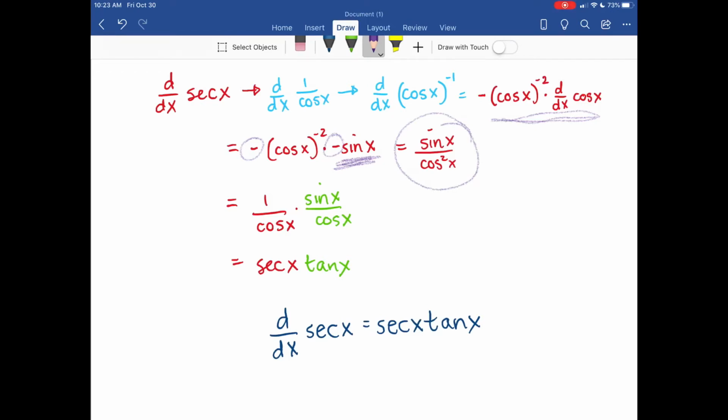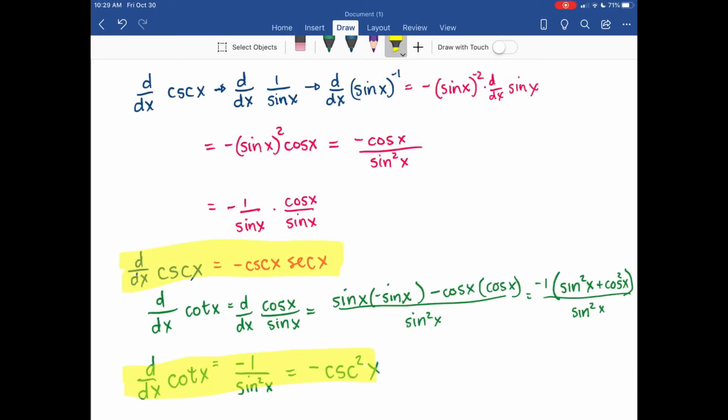Next, I separated it so that we had two cosine of x's instead of cos x squared. So that would be the equivalent of 1 over cos of x, times sine x over cos x. And then we replace those with their respective trig functions, secant x, tan x. So our derivative for secant x is secant x tan x.